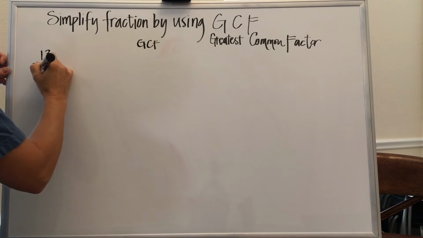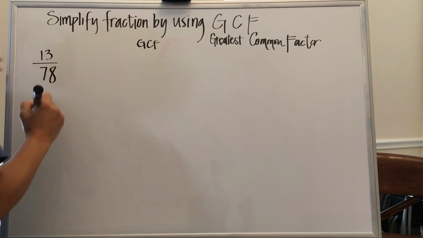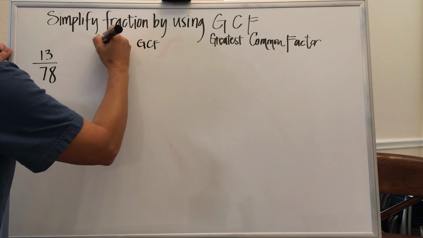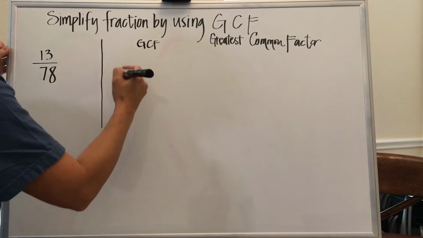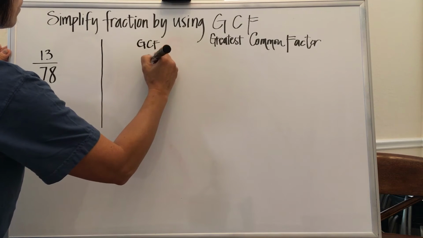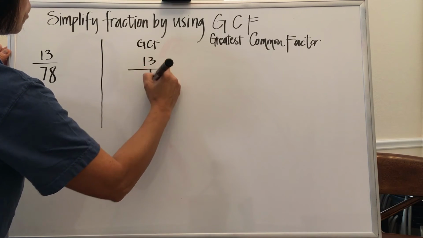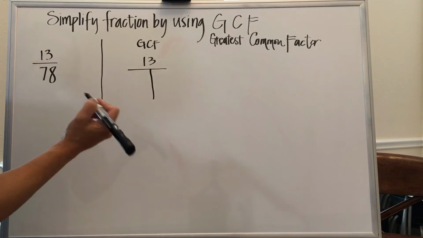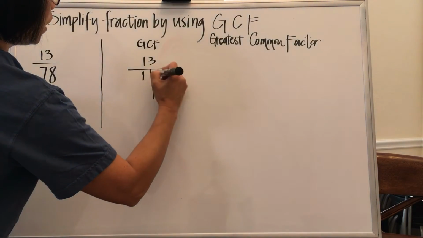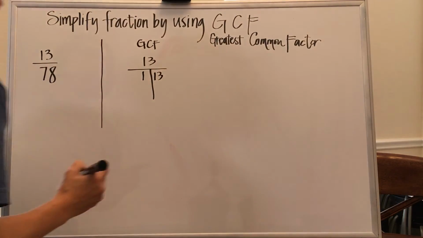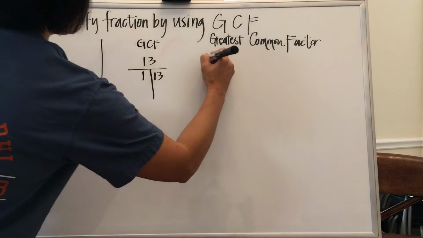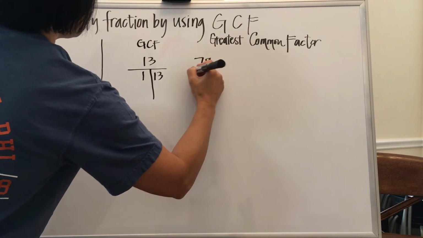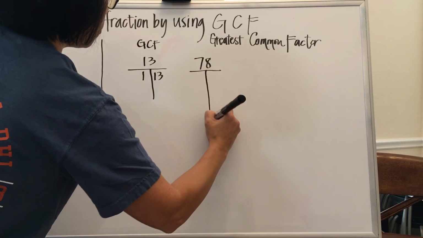over 78. Okay, so again, following the same procedure, the first step is to figure out what factors make 13. We know 13 is already a prime number, so only 1 and 13 are going to make 13. However, 78 is not a prime number, and we are going to go through the same steps.